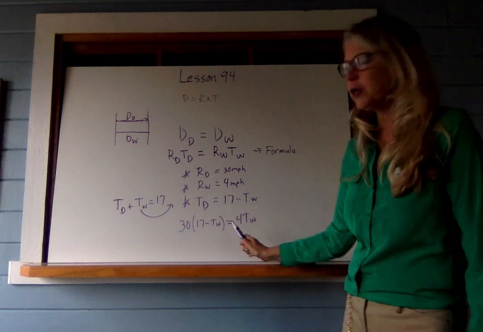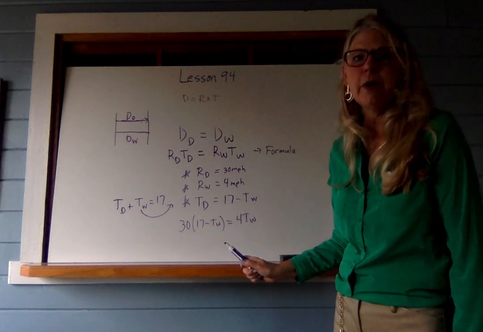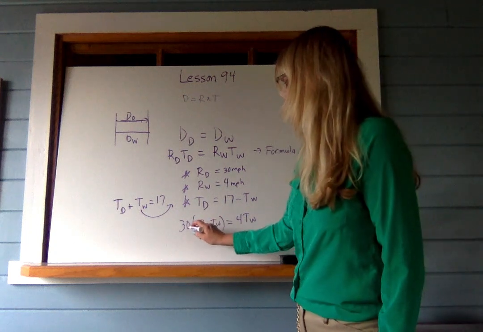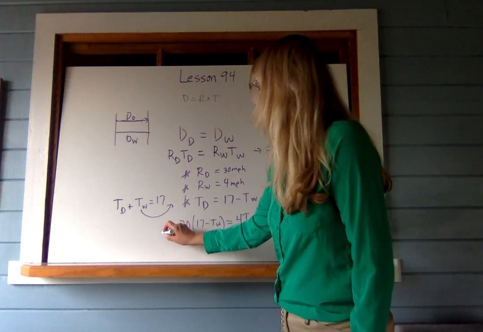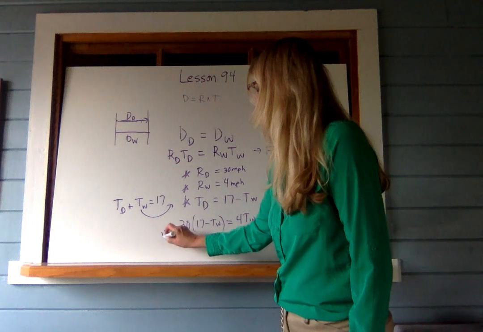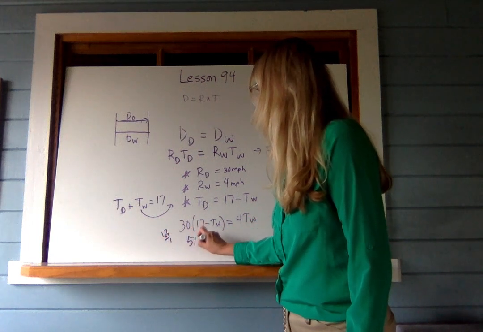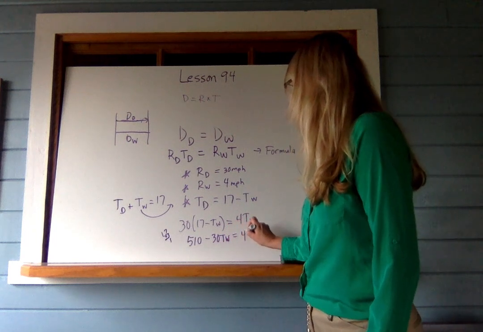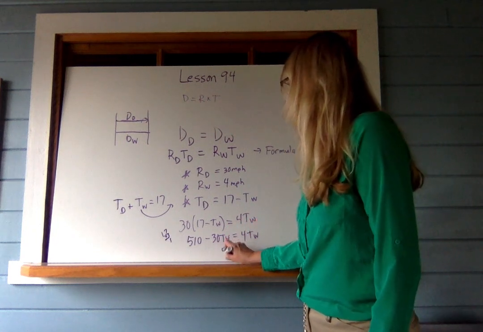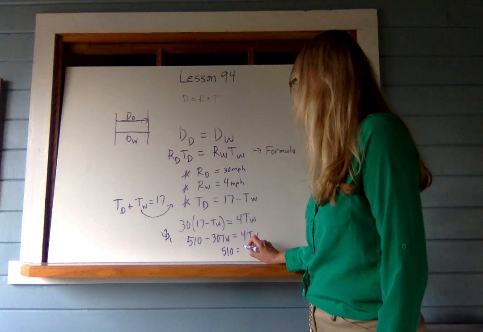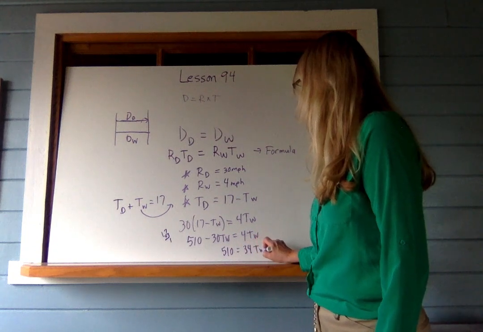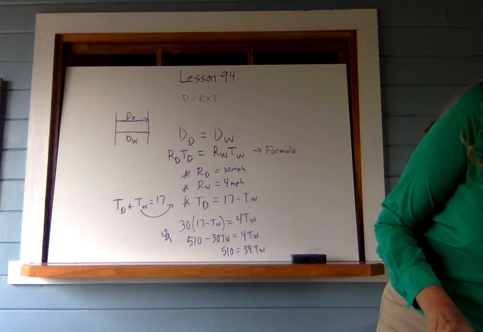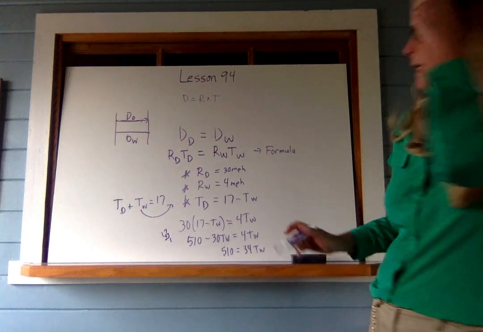Just a reminder, you want to make sure you have the same variable because you're solving for just that one unknown. 17 times 30 gives me 510 minus 30 TW equals 4 TW. 510 equals 34 TW. Do the math on that one. What does that come out to? 15 hours.